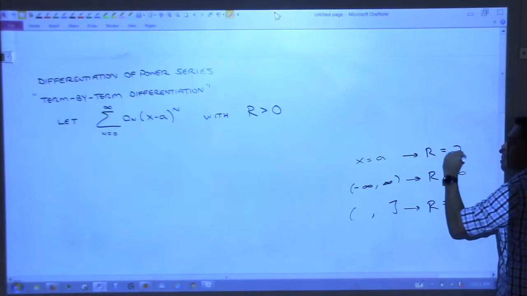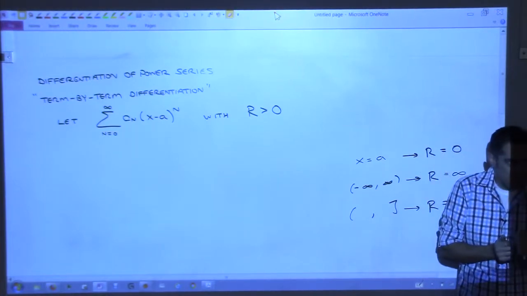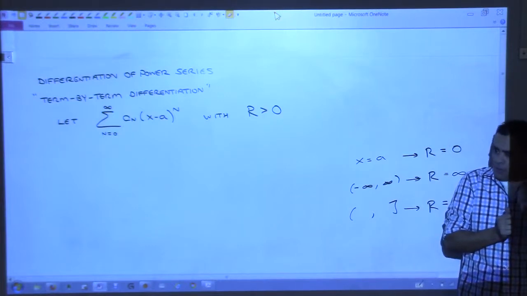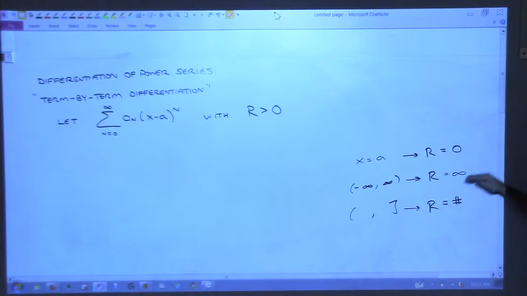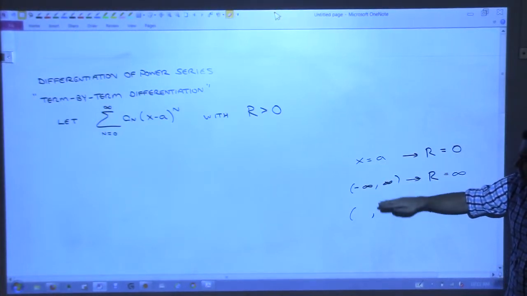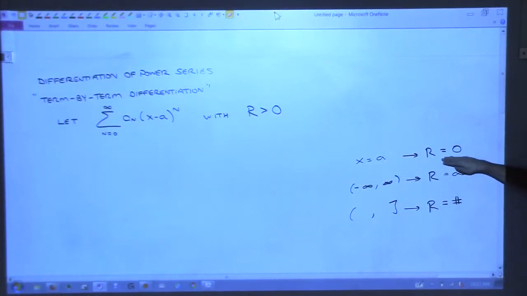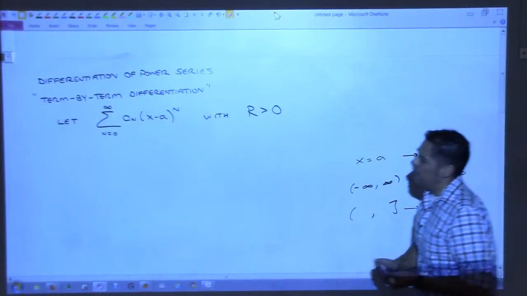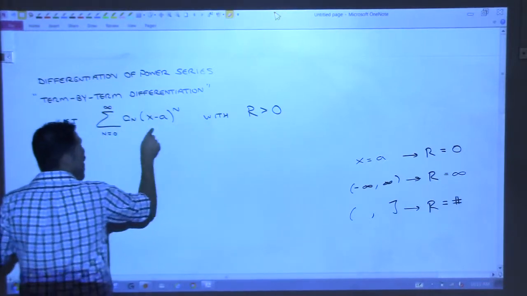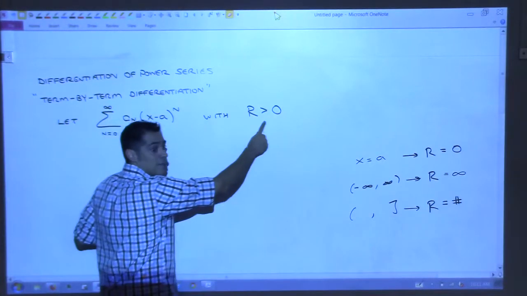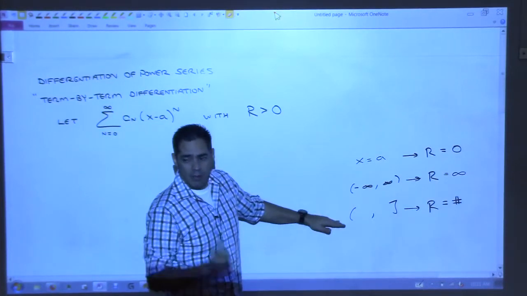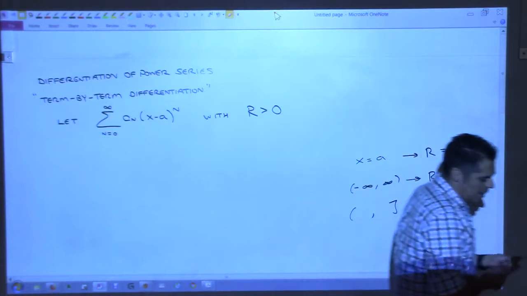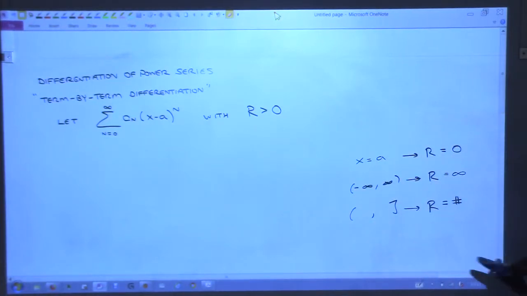The radius would be 0, which means you're standing at the center, it converges there, but you can't go left or right. So these are our three outcomes: a single point, the entire number line, or an interval. In those cases, the radius of convergence is 0, infinity, or some number. So let's say you have a power series with a positive radius of convergence, which means it's one of these two cases.